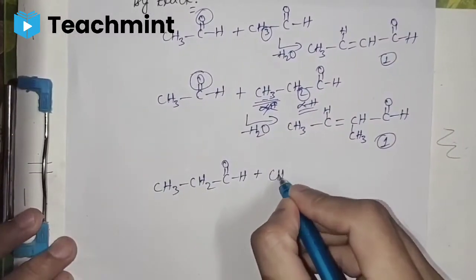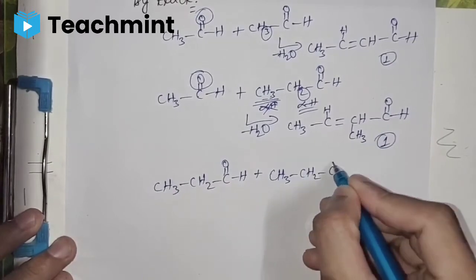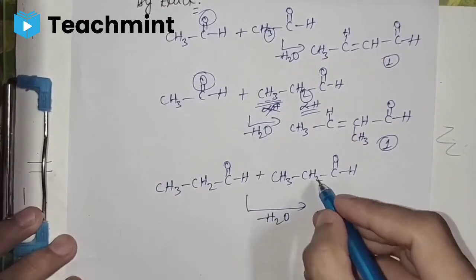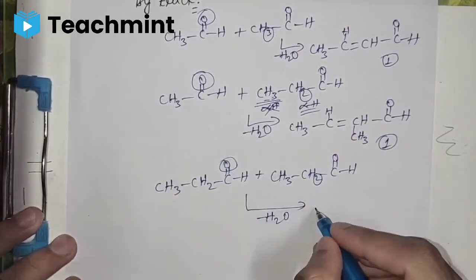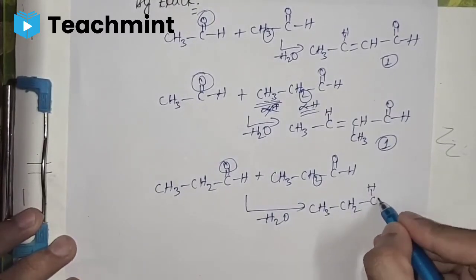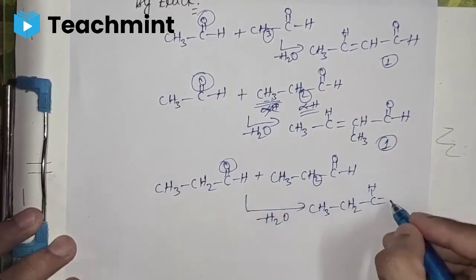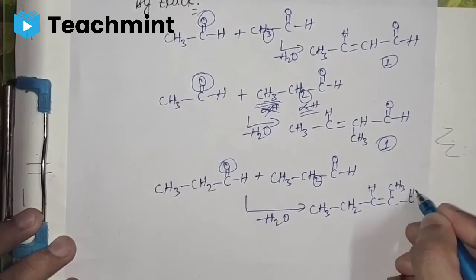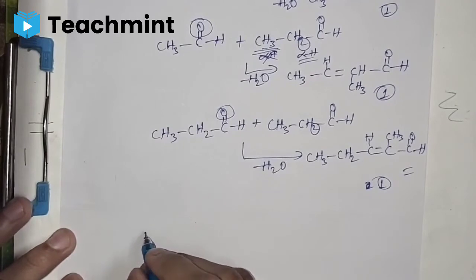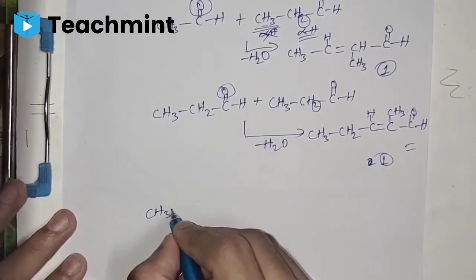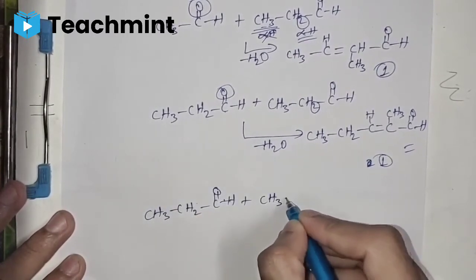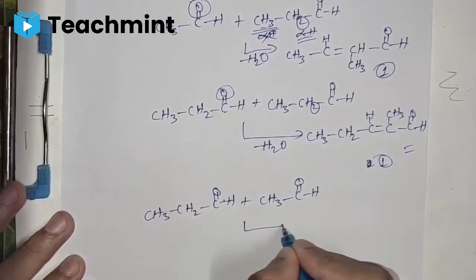Here also 1 mole of propanaldehyde is reacting with another mole of propanaldehyde. Same here, remove H2O, the alpha hydrogen and this oxygen, with a double bond between these two carbons, and this one is our third product. And now the last one, where 1 mole of propanaldehyde is reacting with 1 mole of acetaldehyde.